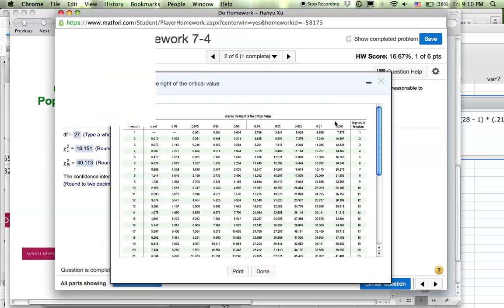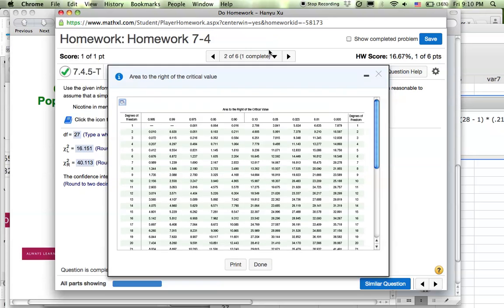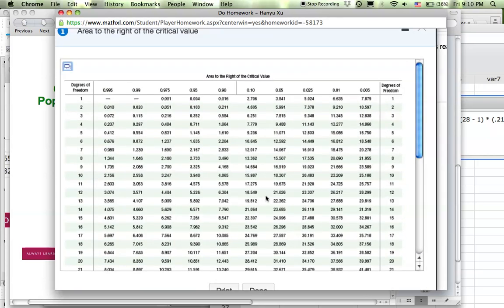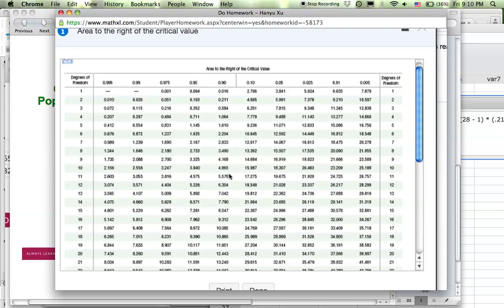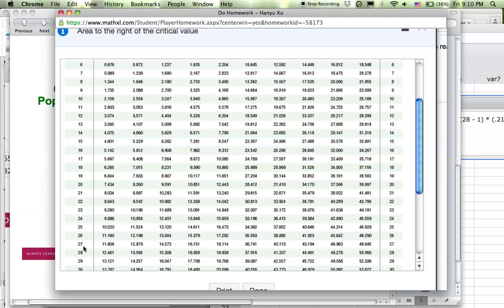So for the degree of freedom equal to 27, sorry, I cannot get it large. Okay, yes, that's better. So for the degree of freedom equal to 27, it's this row we are interested in.